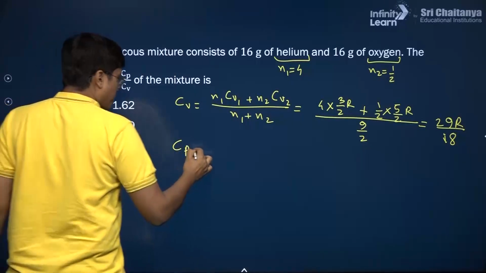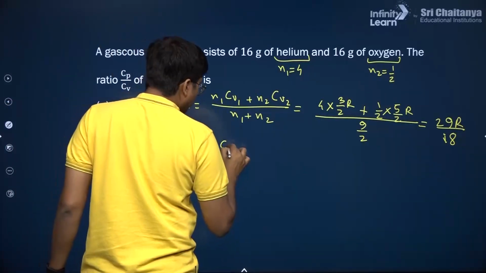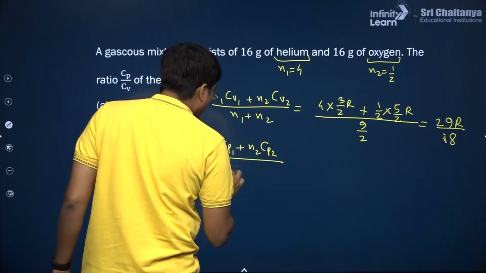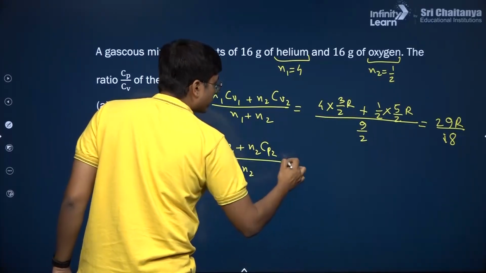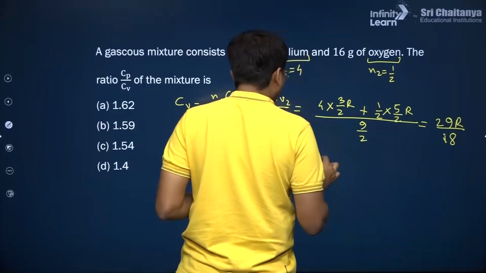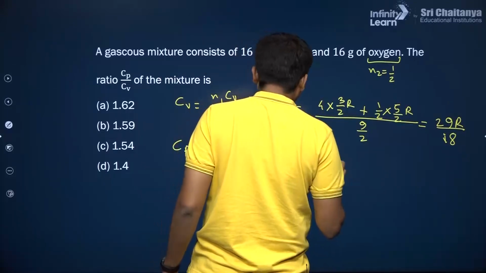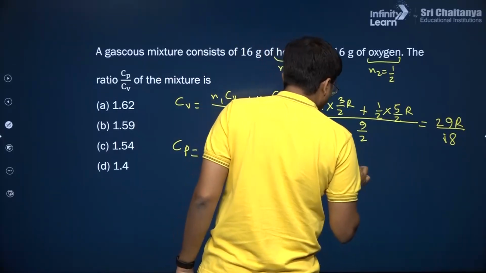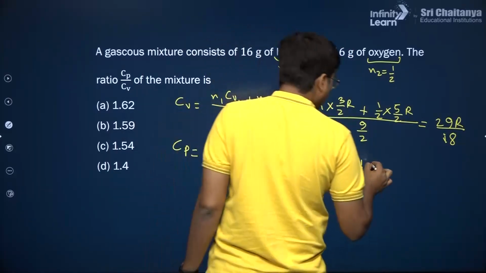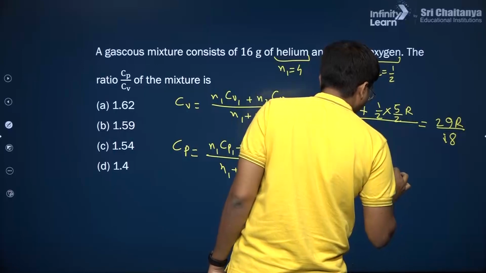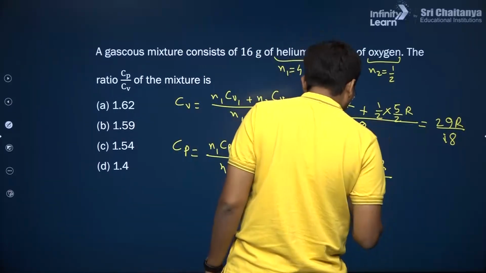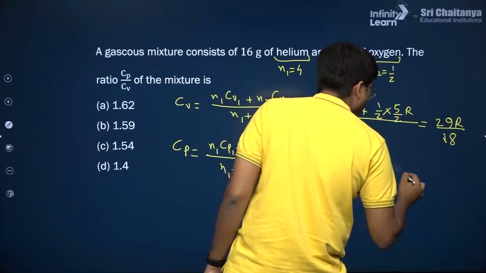What about Cp? Cp is equal to N1Cp1 plus N2Cp2 divided by N1 plus N2. And that again we can put in the values. N1 is 4, Cp1 is Cp for a monoatomic gas, that is 5 by 2R, plus N2 is half, multiplied with Cp for a diatomic gas, that is 7 by 2R, divided by N1 plus N2, that is 4 plus half, that is 9 by 2.